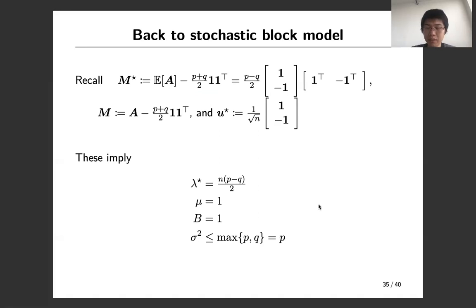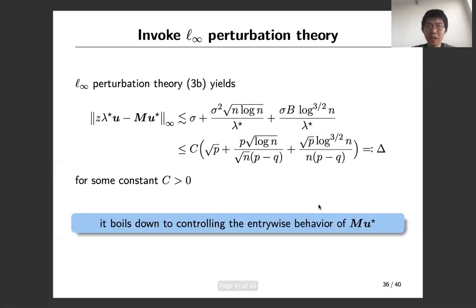Okay. Given such calculations, we can apply the L infinity perturbation theory. In particular, we will apply the second one to yield the following conclusion, that there exists a number z, either 1 or -1, such that z times lambda star times u is element-wise close to M times u star. And the element-wise difference is no larger than a quantity that depends on p, q, and n. Okay, you can ignore such a complex formula, and I will denote this just as delta.